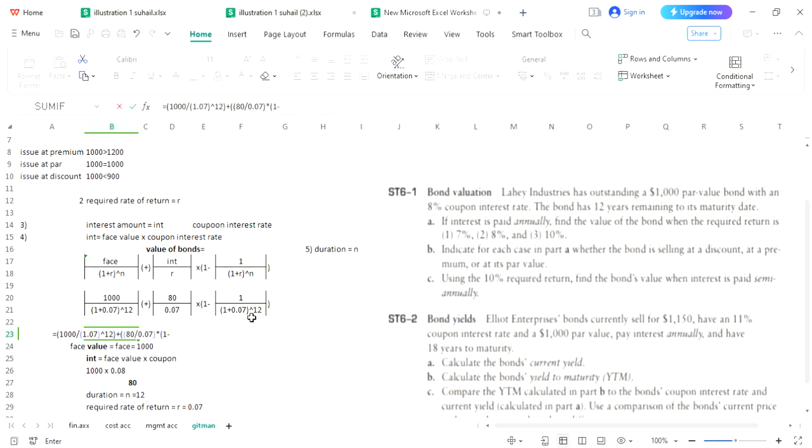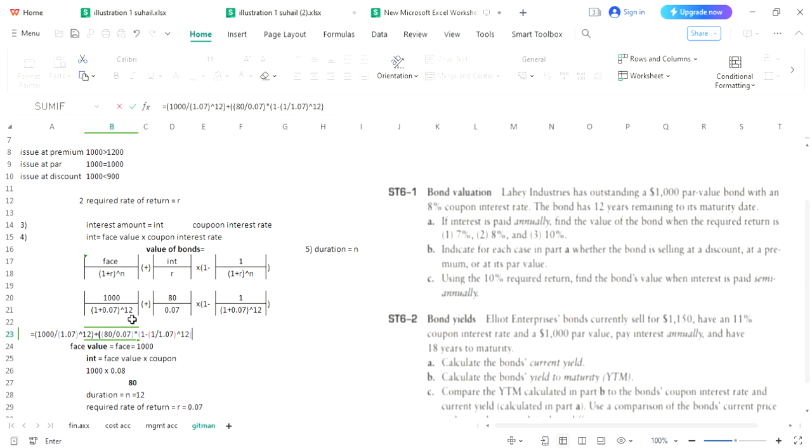We are following this part. In between the second and third part of the formula, this is multiply, bracket open, 1 minus. And then again you will open the bracket, and what is written over here, 1, and it is divided by 1.07, bracket closed, and raised to power 12. Then you will close your bracket.